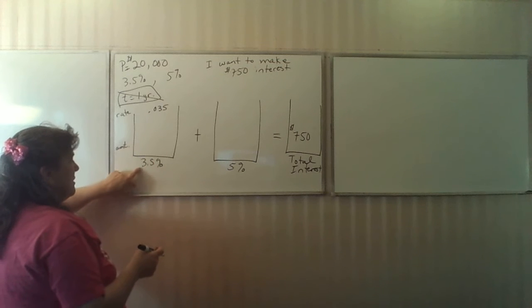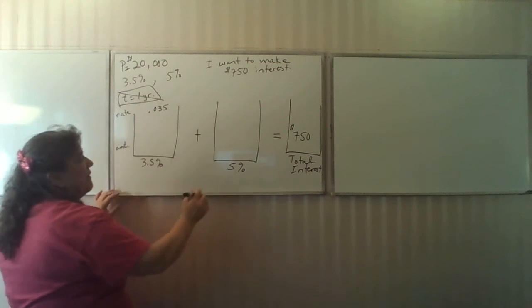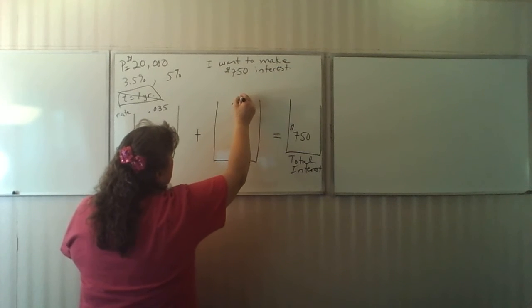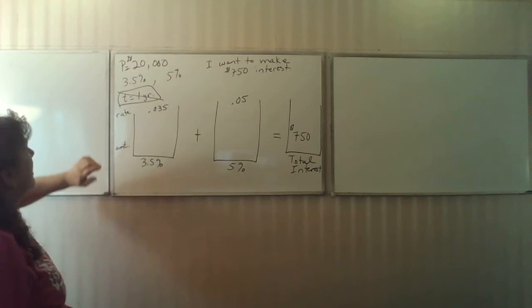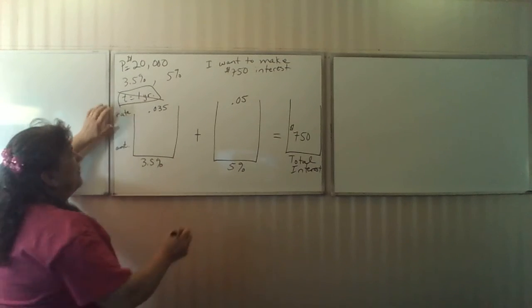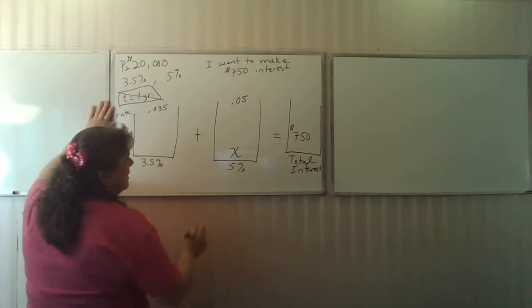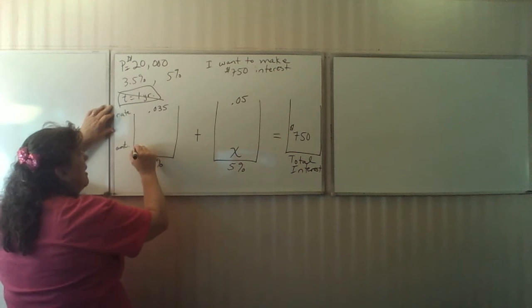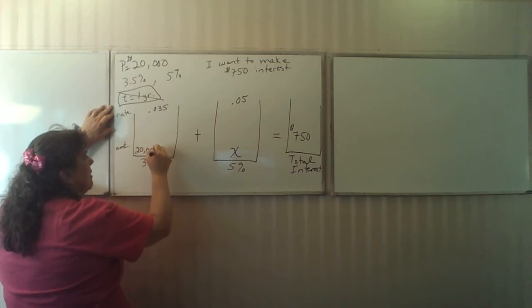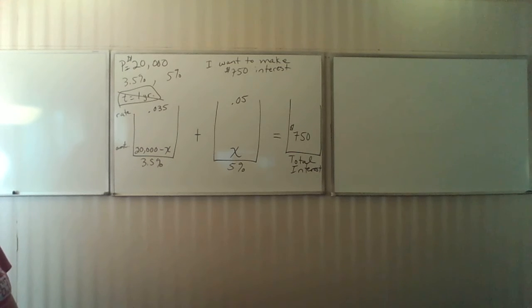So 2 places to the left, or divide by 100, gives me 0.035. 2 places to the left, or divide by 100, gives me 0.05. Now, if I say that I'm going to put X amount in my 5% bucket, then I'm going to have 20,000 minus X in my 3.5% bucket.